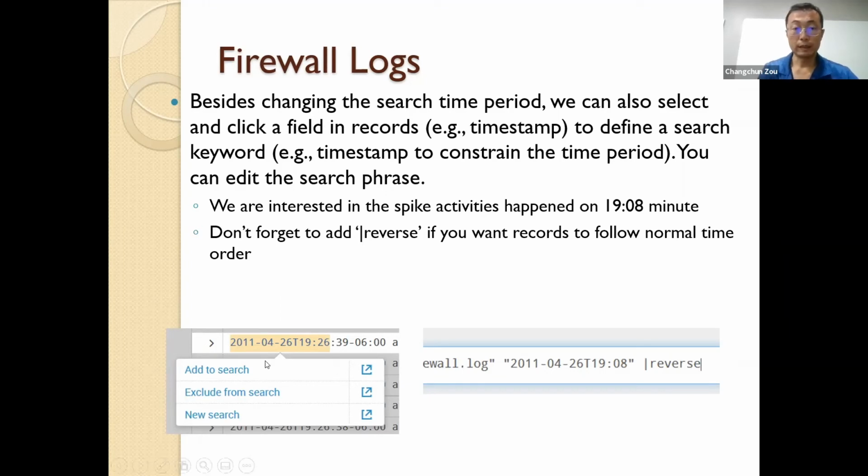You can also select some text, then add it to the search. Then it will automatically add that selected text in your search field. This is useful if you only search for something that contains a special part of a term, then you can do that.